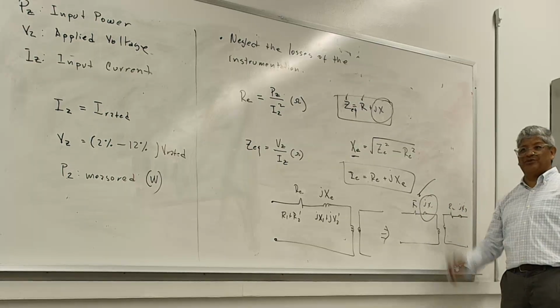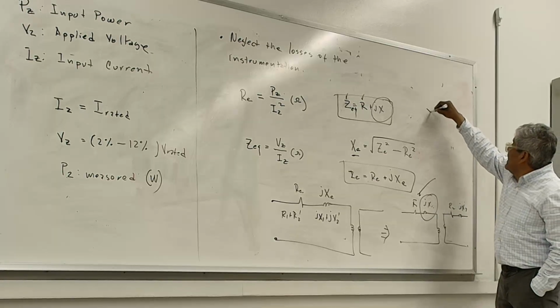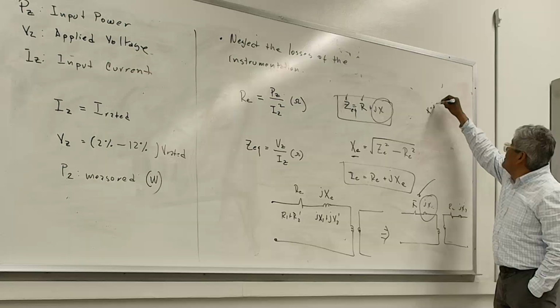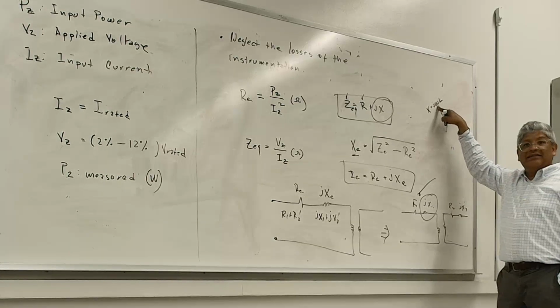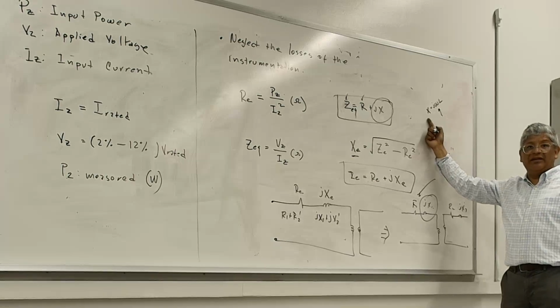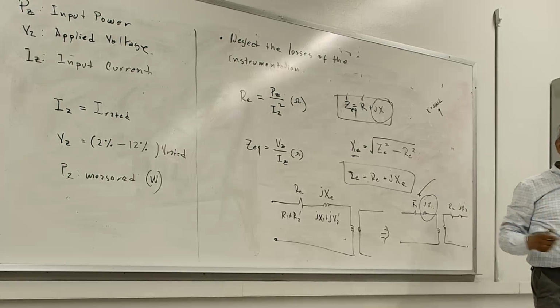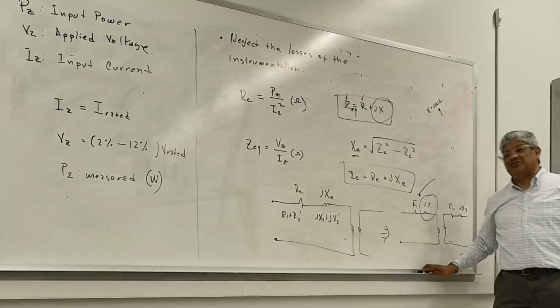Your real losses are your real losses, right? It's not affected because this value right here, remember, X is equal to j omega L. So as you increase the frequency, what does it increase? The reactance increases, right? So it's frequency dependent, but we're assuming that the source is perfect.